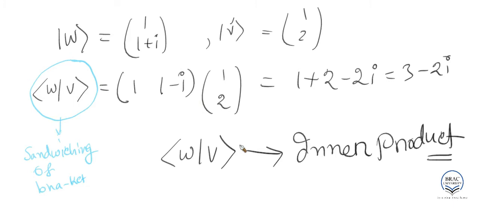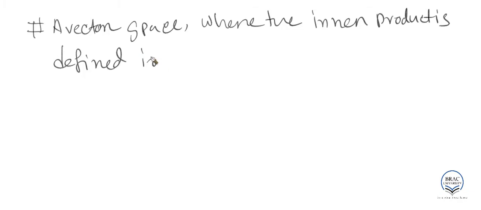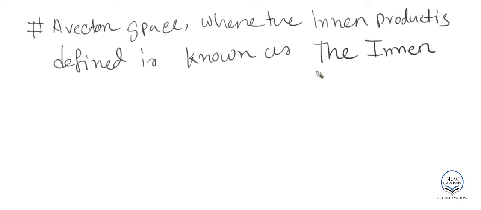And a vector space where the inner product is defined is known as the inner product space, right?